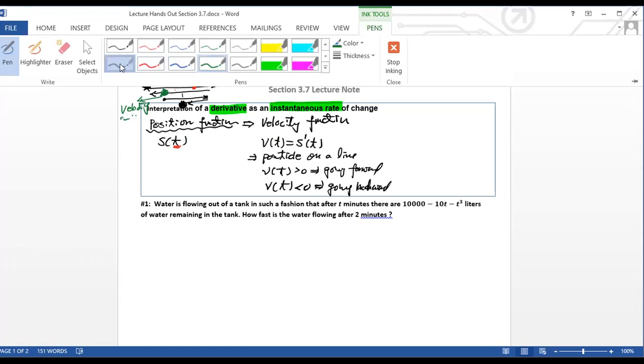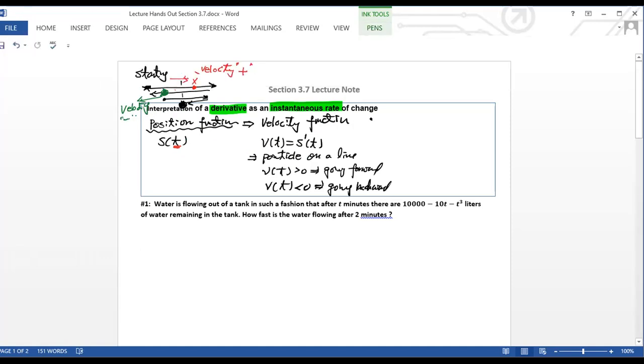Now, the next thing, the word we use most frequently in calculus one, is acceleration. So what is the acceleration function? We use a(t), which is the derivative of v(t).